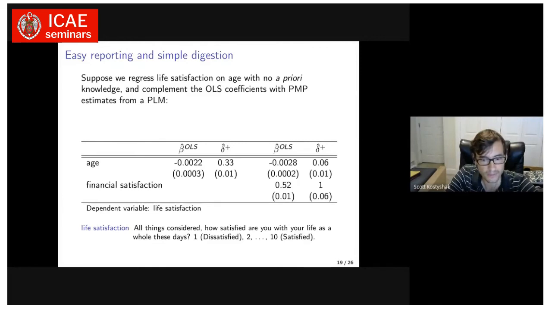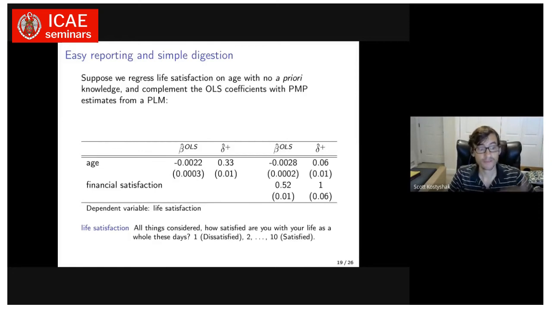Now, let's look at what happens when we control for a third variable, financial satisfaction. You can see that the coefficient on age stays mostly the same. But the key thing is that the PMP decreases. It's close to zero, meaning there's actually a decreasing relationship between life satisfaction and age once we control for financial satisfaction.